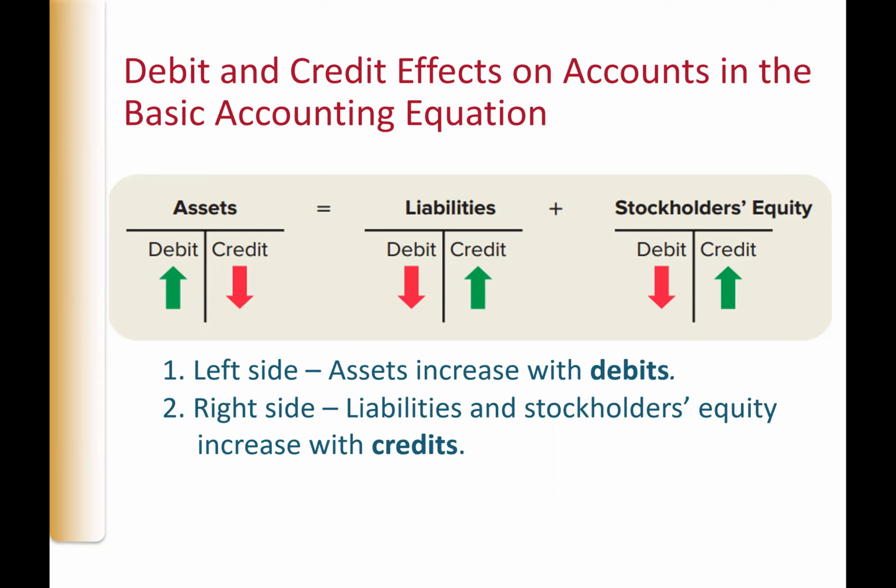For an asset, you debit it to increase it, and the opposite's true, you credit it to decrease it. For liabilities and for stockholders' equity, you credit it to increase it and you debit it to decrease it. I'm going to give you 3 minutes. I want you all to have a note and to have this on it.